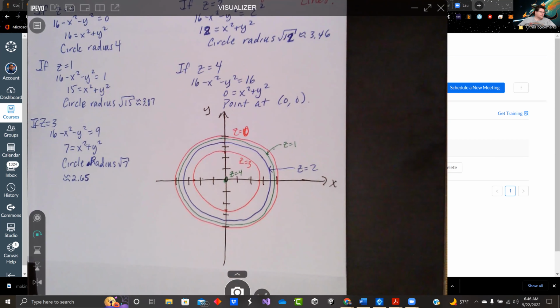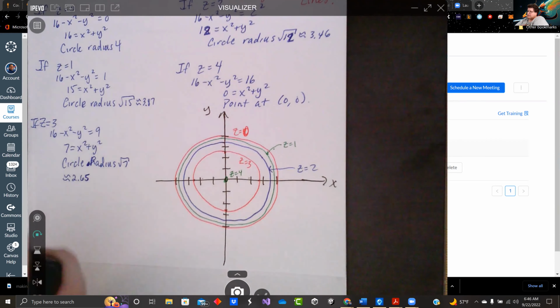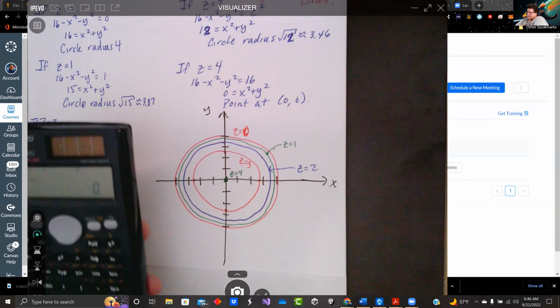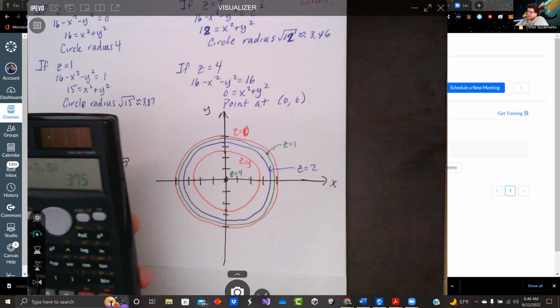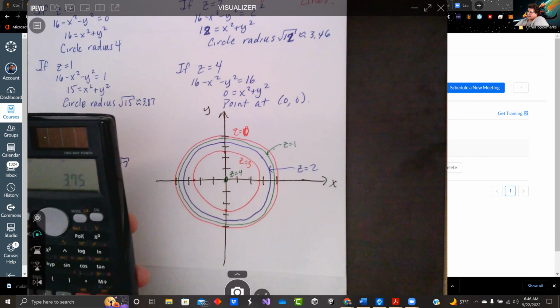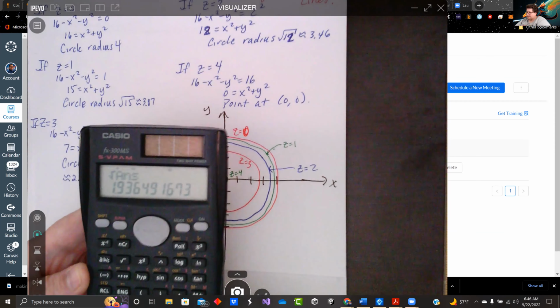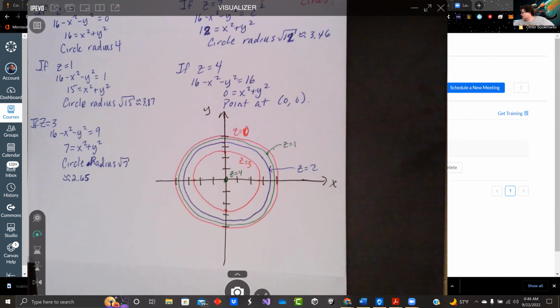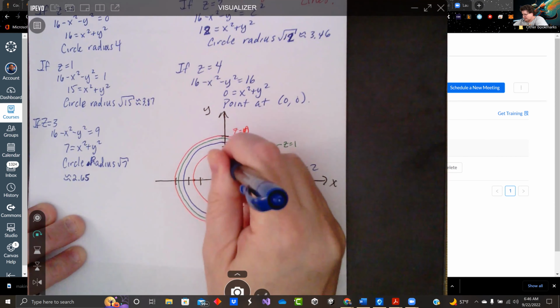What happens if we do z equals 3.5? 16 minus 3.5 squared, and we take the square root of that. So 3.5 is at like 1.93. We could put that right here. 1.93 is close to the 2.